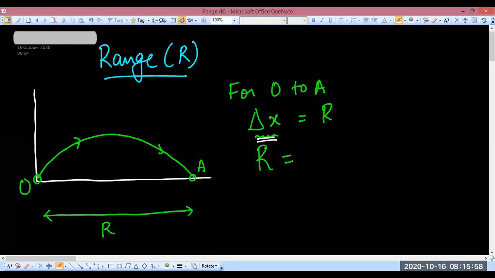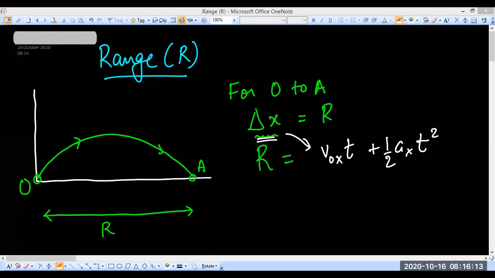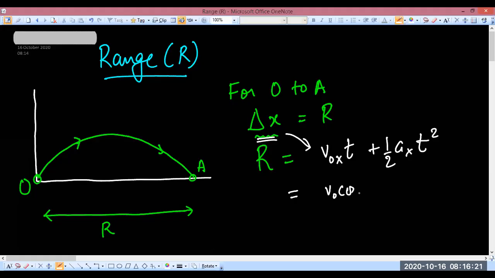Even if you don't remember, you know the formula of delta x. It's v0x t plus half ax t square, right? I don't even try to remember it, it's not required. Just put it in and it comes. v0 cos theta 0 t, and ax is 0, so no need to write that, done. R is equal to this.